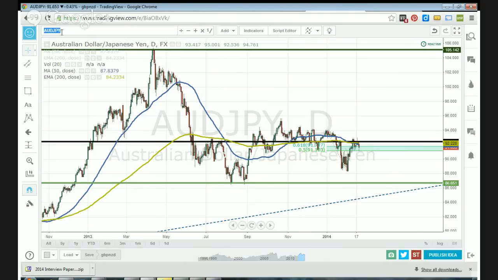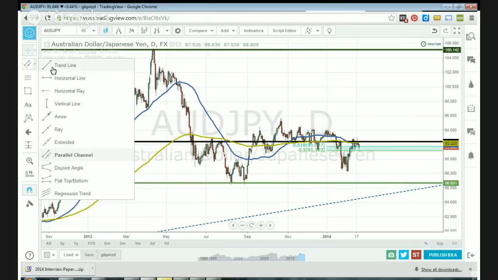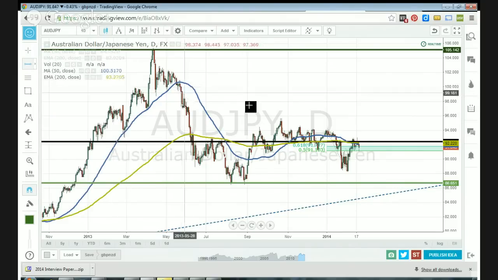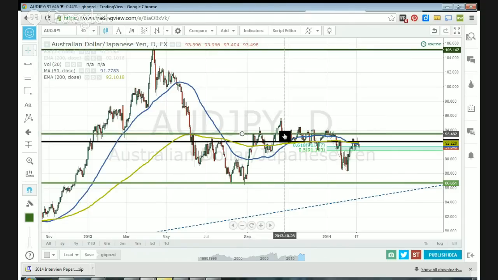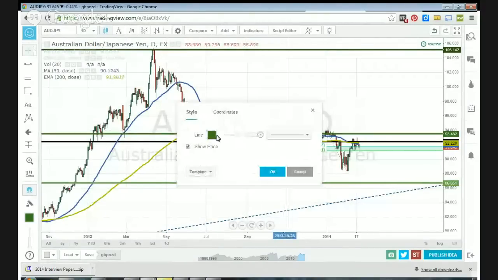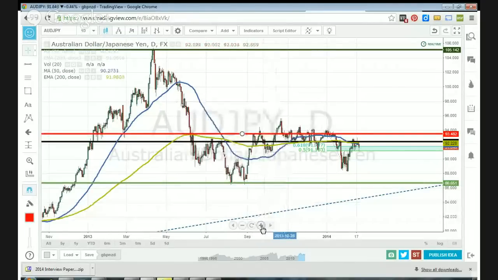Let's mock it up now. So we'll short at that black line. We will have our stop right there, probably. Zoom in a little.